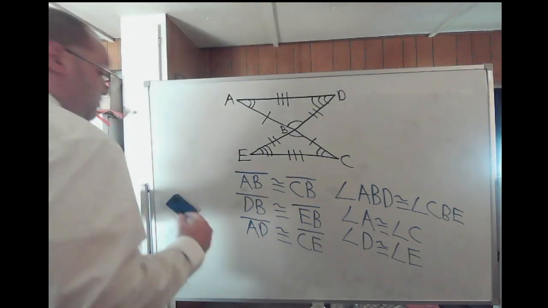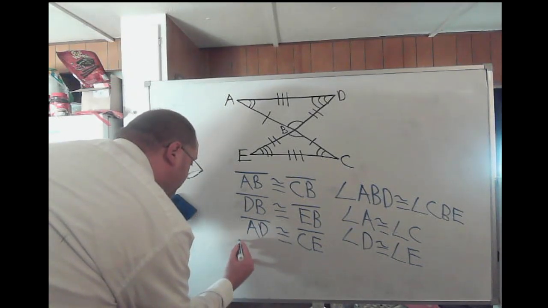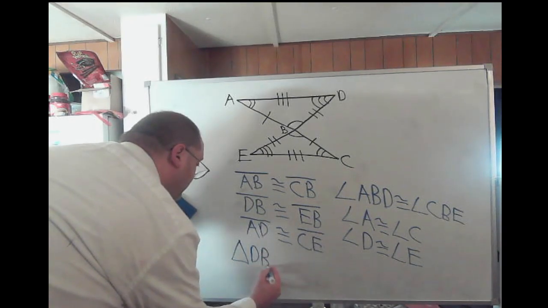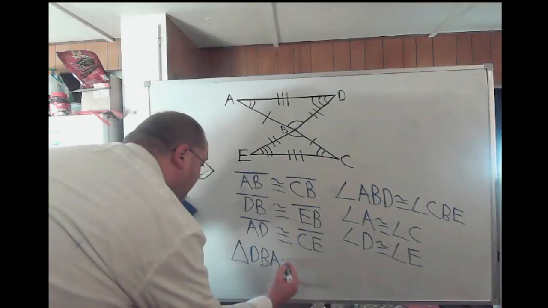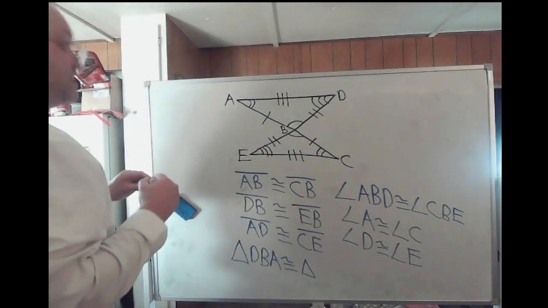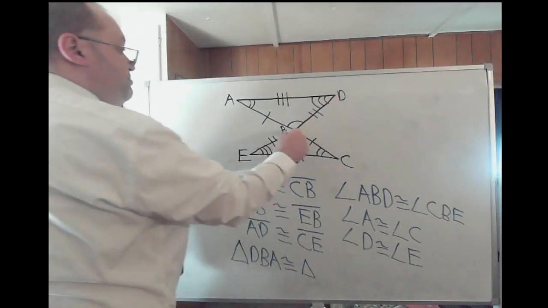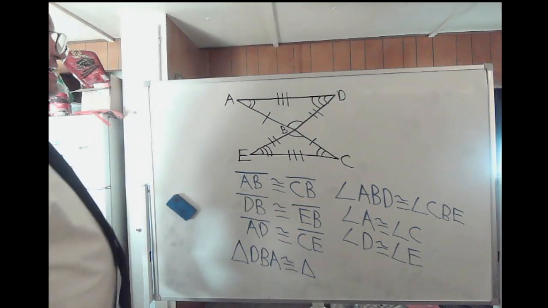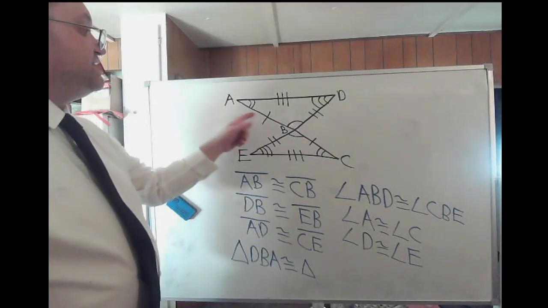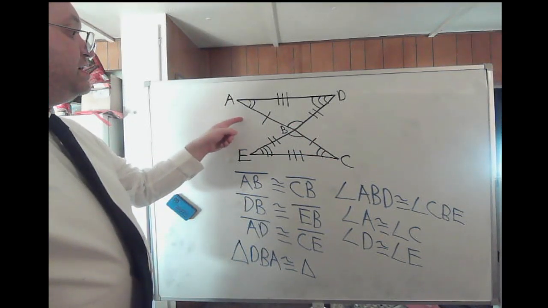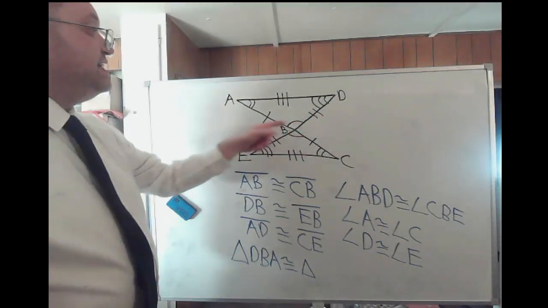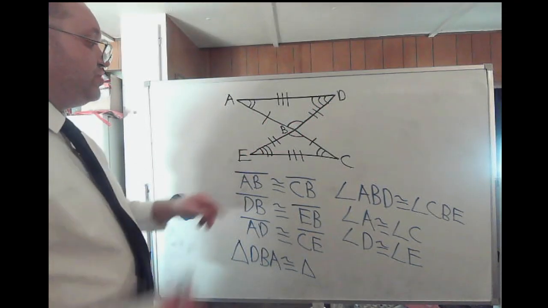So, if we're to do this here, triangle DBA is congruent to triangle what? Alright, so let's see. DBA. So this time, it starts on the side with 2 tick marks, ends on the side with 1. If it starts on the side with 2 tick marks, ends on the side with 1, we're going to have to do that with the other triangle.